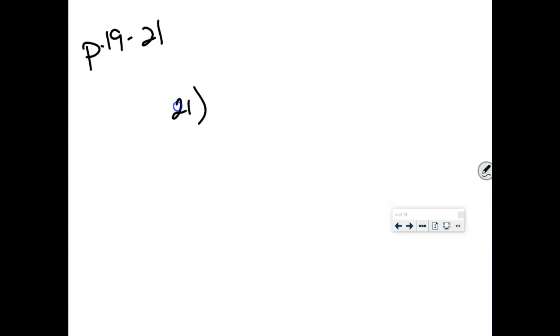All right. 21 says, find the y-intercept and the zeros, and then find them algebraically. I'm pretty sure you guys are amazing on the calculators for finding those. Should we just focus on the algebraic part of it? Okay. So the function is 6x squared minus x minus 2.